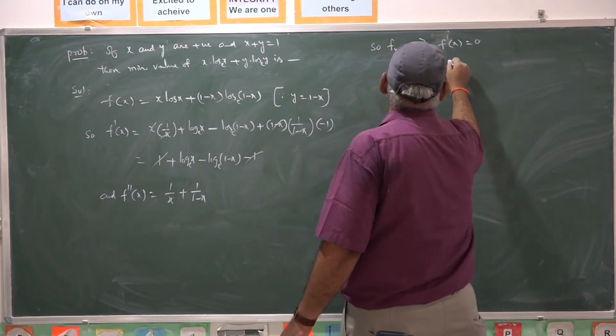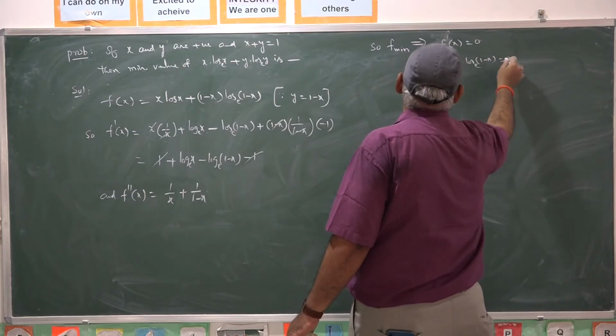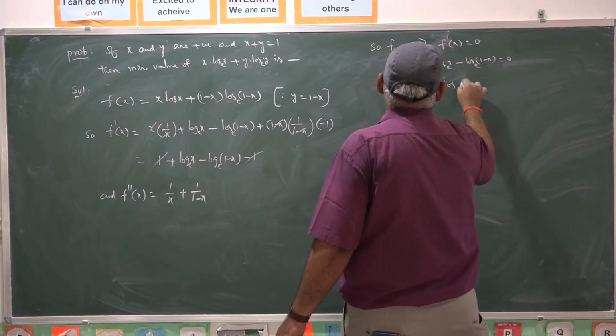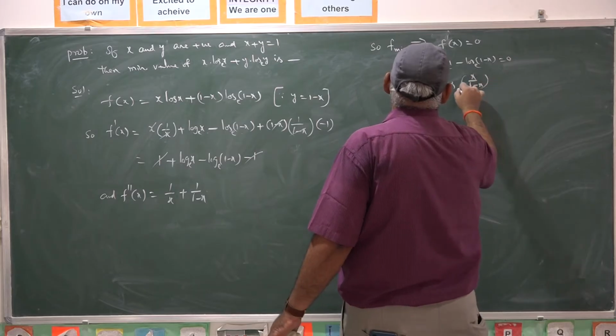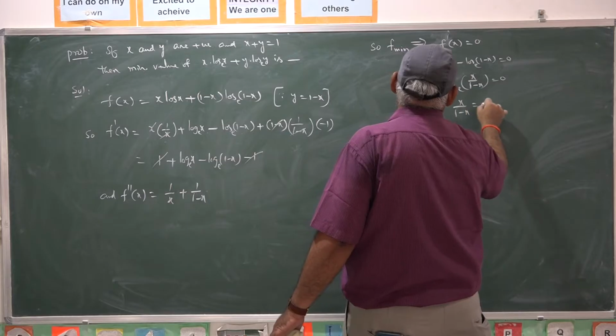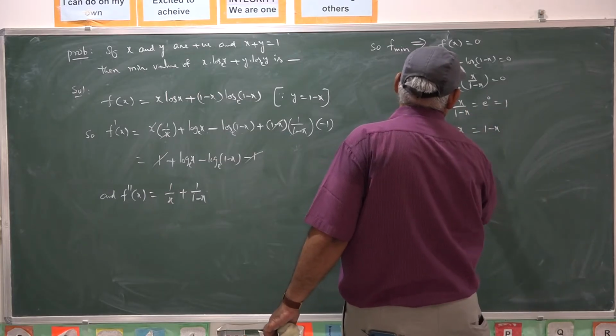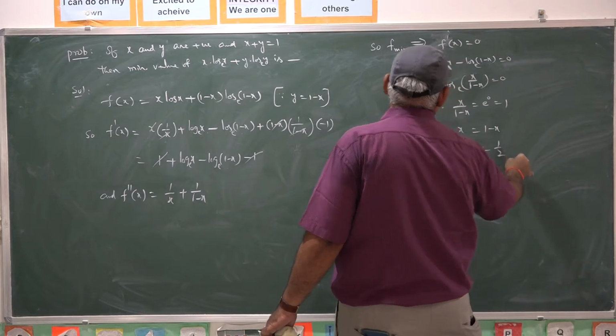Therefore, log x to the base e minus log(1 minus x) to the base e is 0. In a single logarithm, this is log of x by (1 minus x) to the base e equal to 0. So x by (1 minus x) equals e power 0, that is 1. x equals 1 minus x, hence x takes the value 1 by 2.